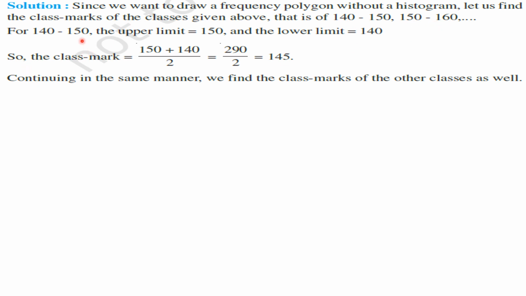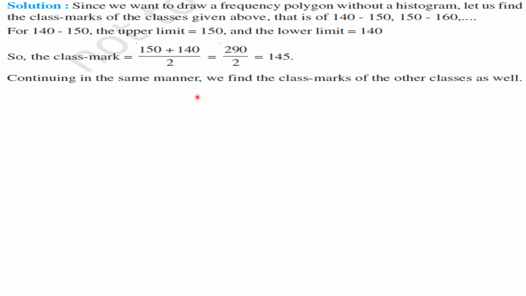The upper limit of this class is 150 and the lower limit is 140. So what is the class mark? 150 plus 140, upper limit plus lower limit, by 2. Understood this step, my children? That is equal to 290 by 2. By simplifying, we get 145.